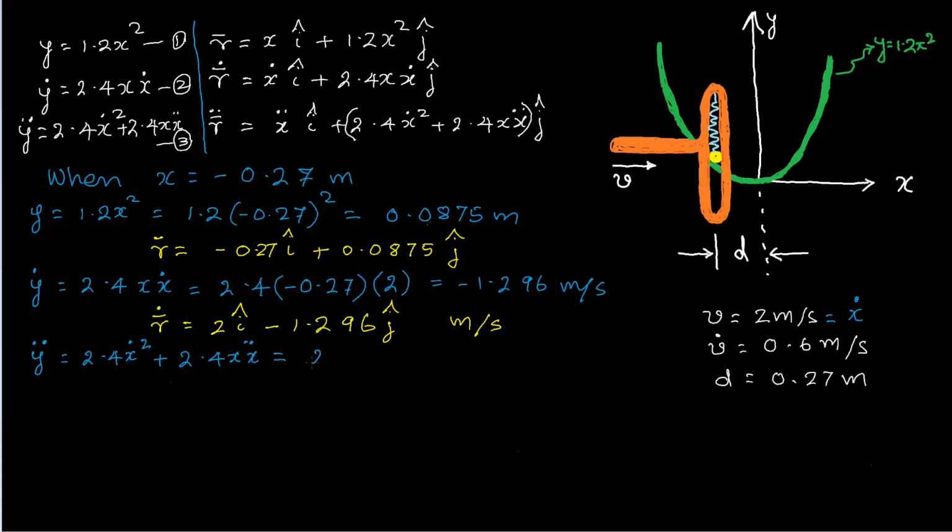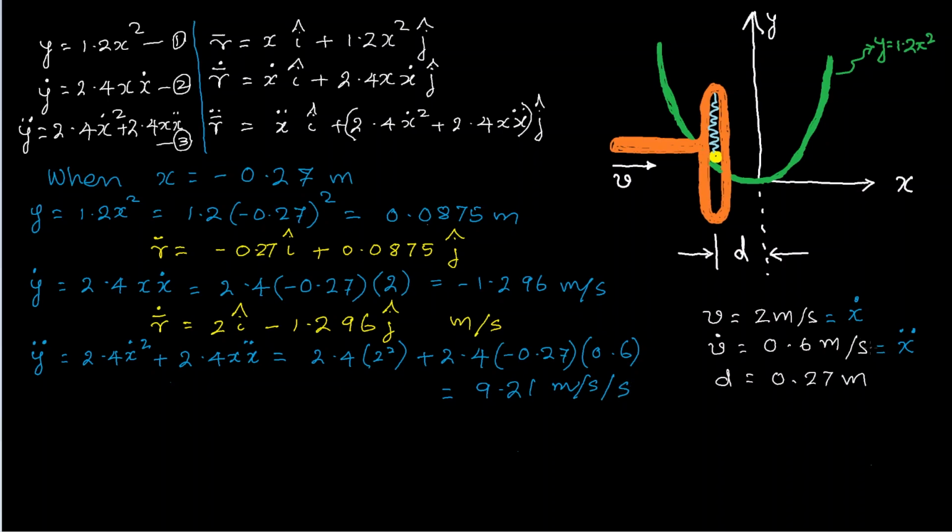So that will give us 2.4 times x dot squared, which is 2 squared, plus 2.4 times x, which is minus 0.27, times x double dot. Now x double dot is the rate of change of speed. So here we will put 0.6 and this will come out to be 9.21 meter per second per second.